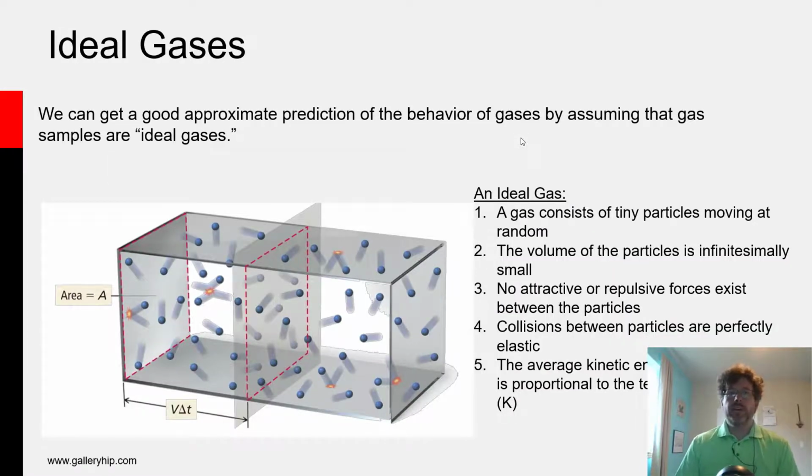And it's worth pointing out that initially in this chapter, we're going to deal purely with what we call ideal gases. Ideal gases describe gas samples where we make some simple mathematical simplifying assumptions to make the properties of the gas easier to calculate without so many detailed mathematical correction factors.